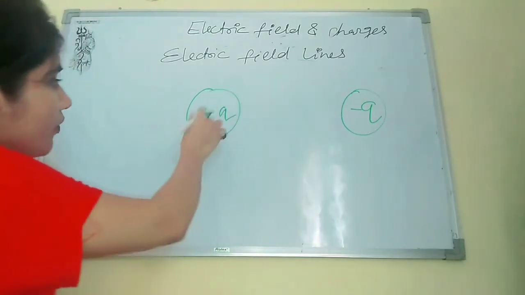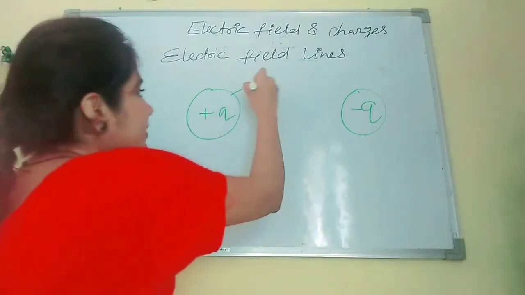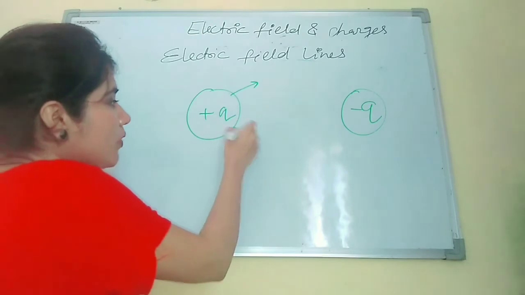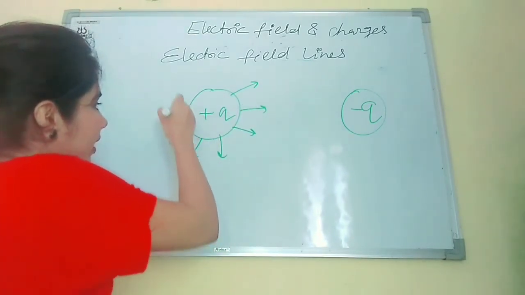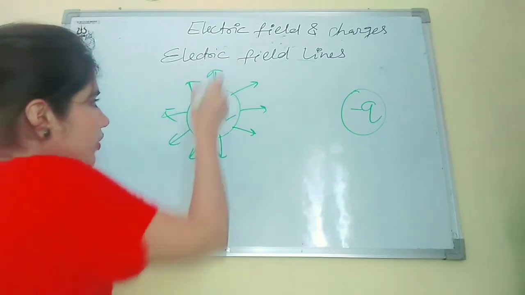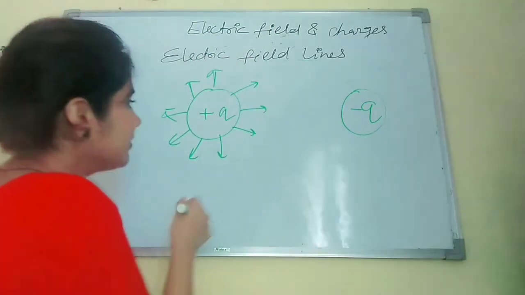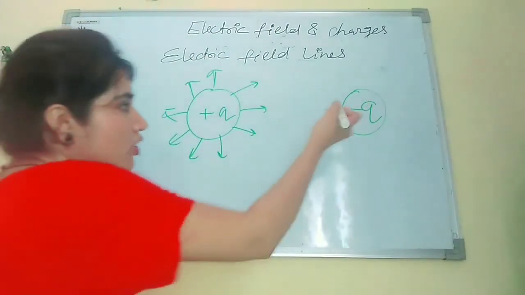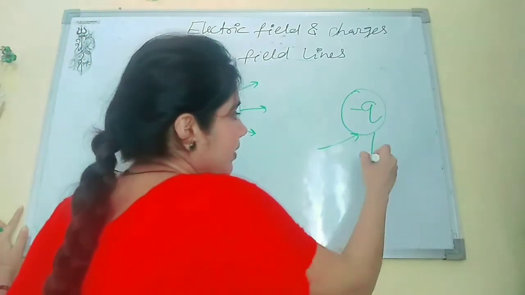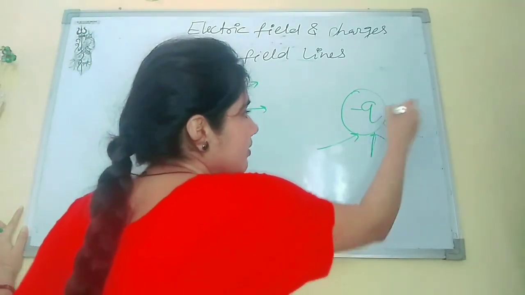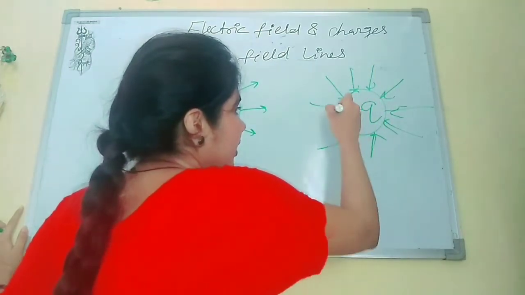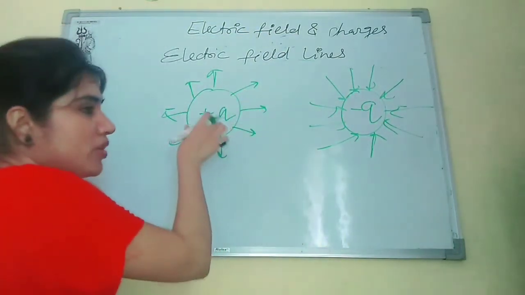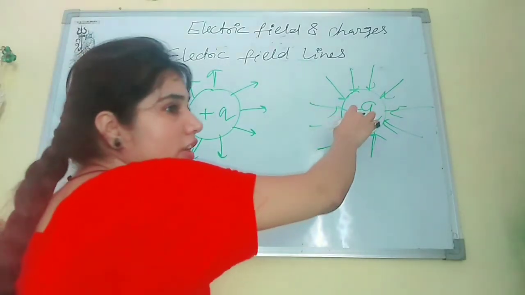For plus q, the electric field always appears outwards, and for a negative charge it always appears inward. It is outward radiated for a positive charge and inward radiated for a negative charge.